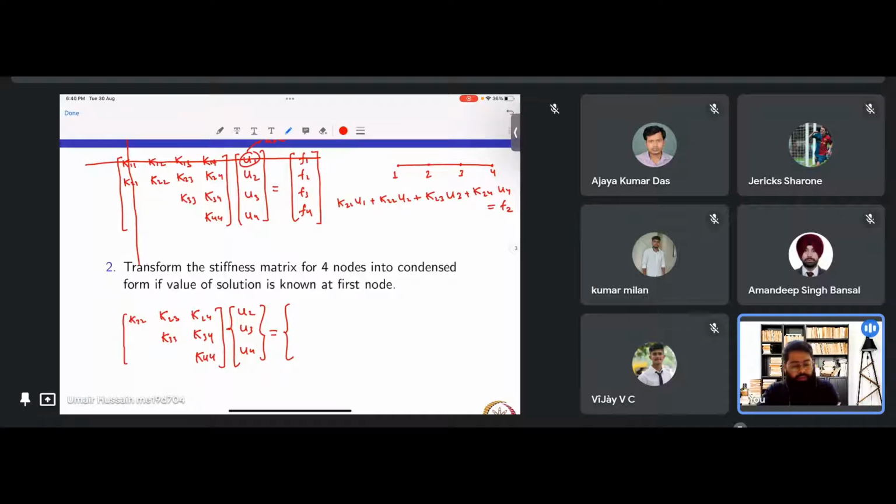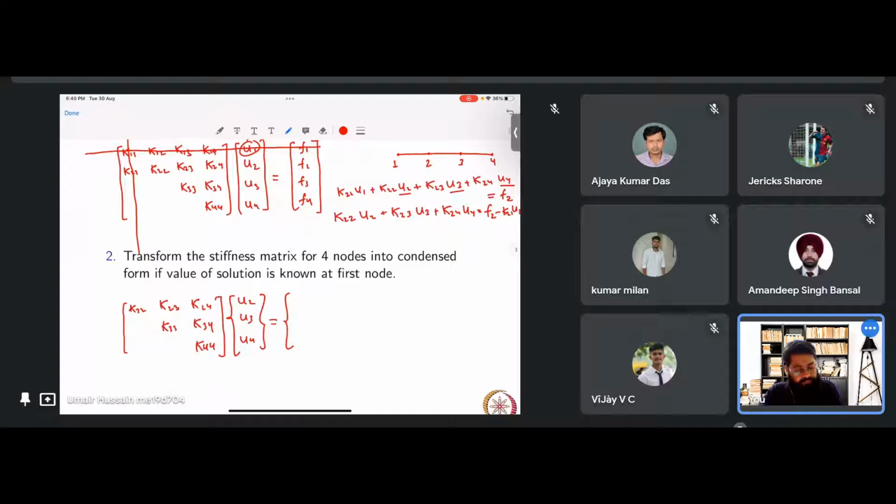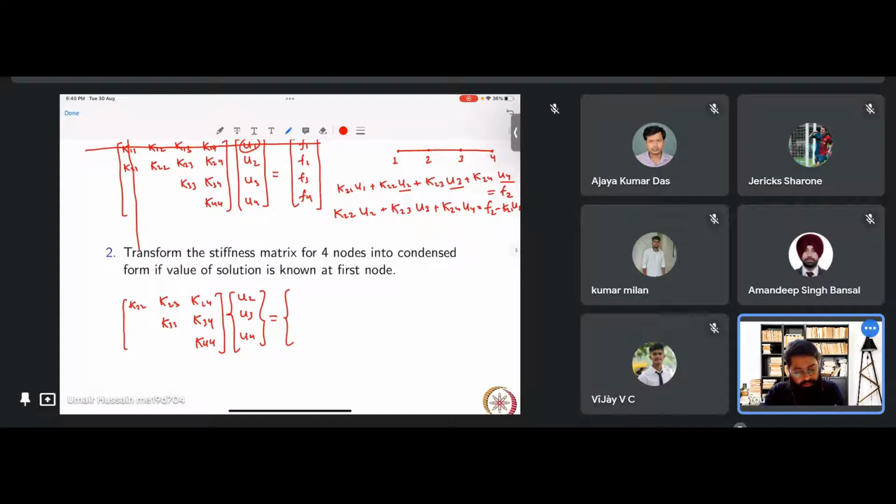So how we arrange the equation is that we take the unknown values on one side and known values on the other side. We have these unknowns u2, u3, u4, and since u1 is known, we switch it to the other side. K22 u2 plus k23 u3 plus k24 u4 equals f2 minus k21 u1. Now it's simple, right?